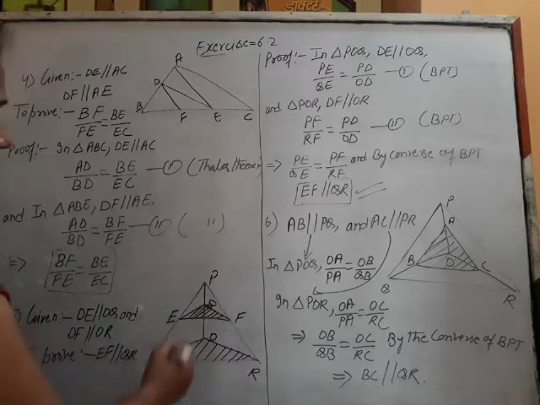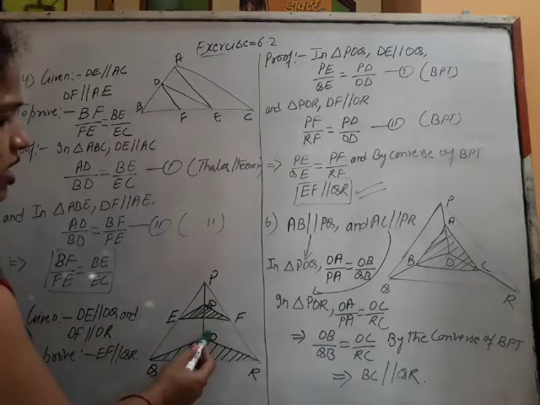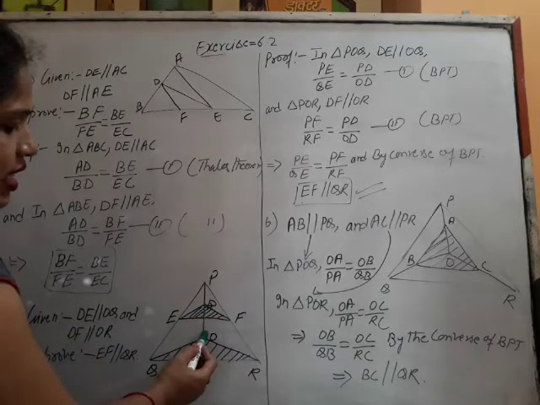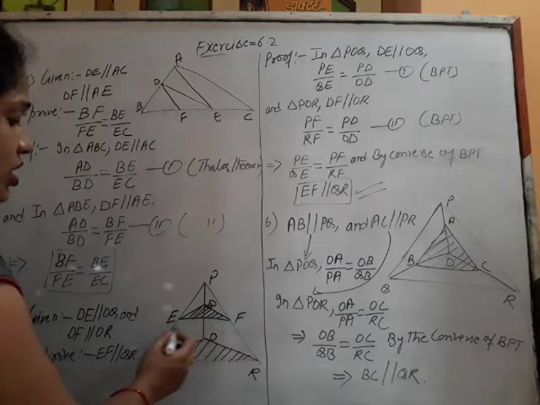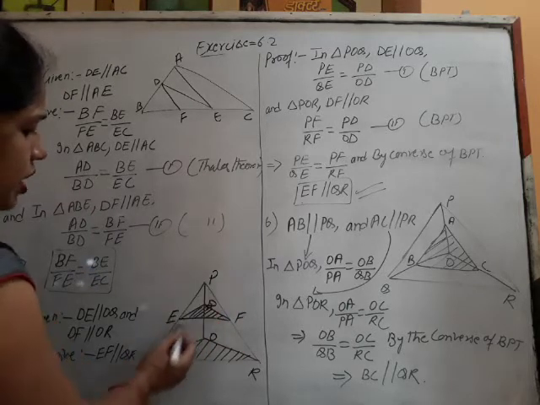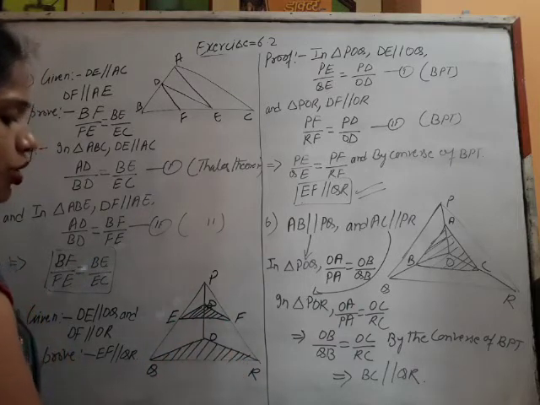Given a different kind of figure, but a triangle only, PQR. Here O is the point where all the vertices are joined, and E and F are on PQ and PR in such a way that we have to show that EF is parallel to QR.